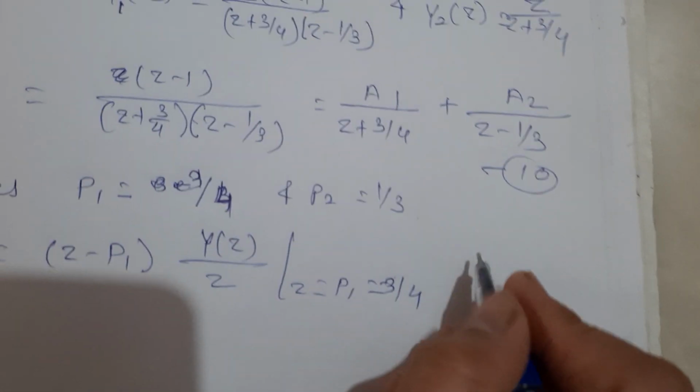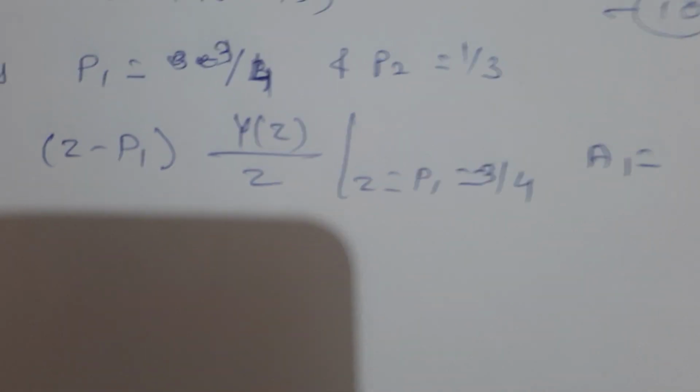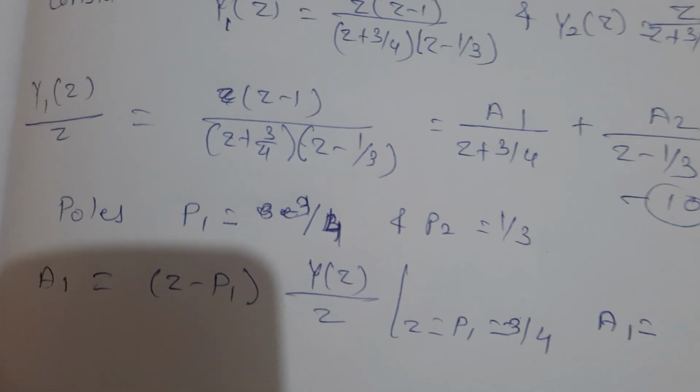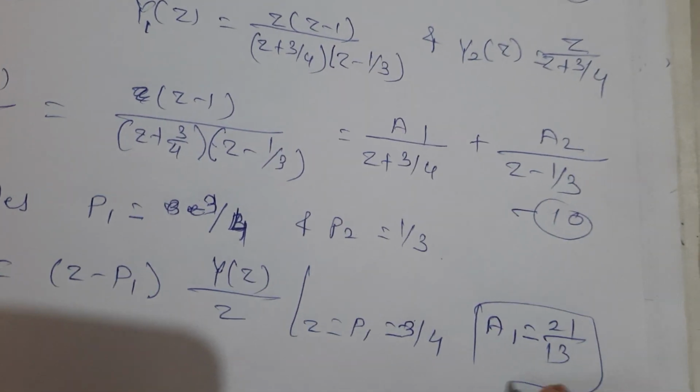So by solving we get a1 is equal to 21 by 13.